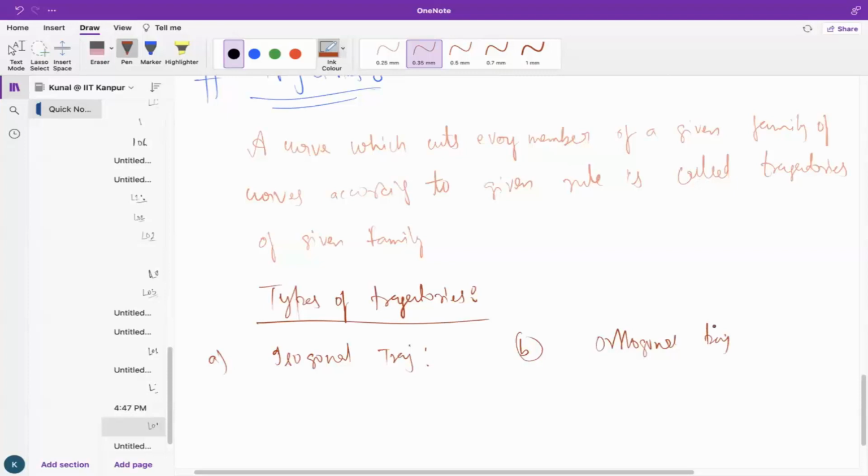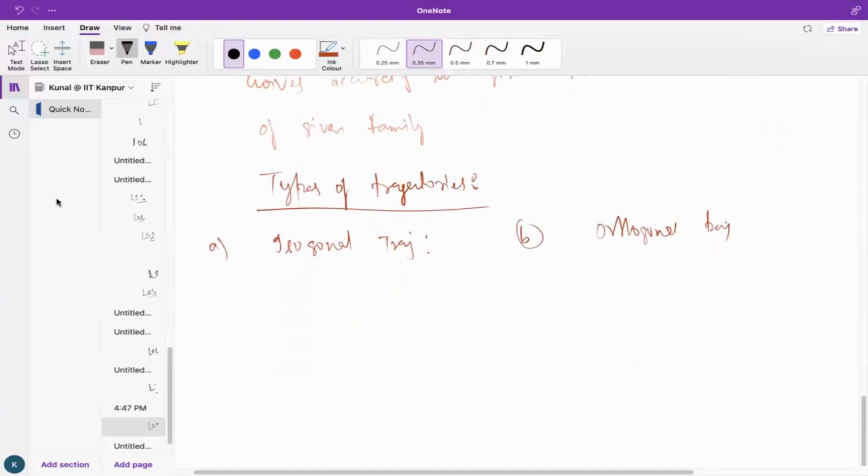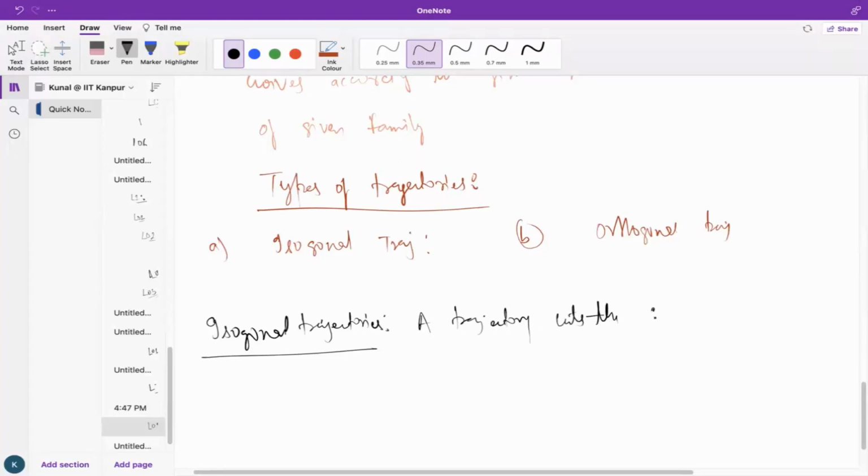So what I'm trying to do here is first define what an isogonal trajectory is. The isogonal trajectory is a trajectory which cuts every member of the family of curves at a constant angle.